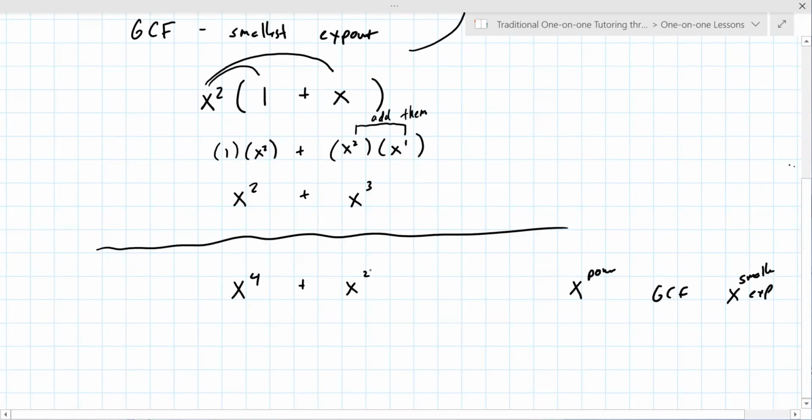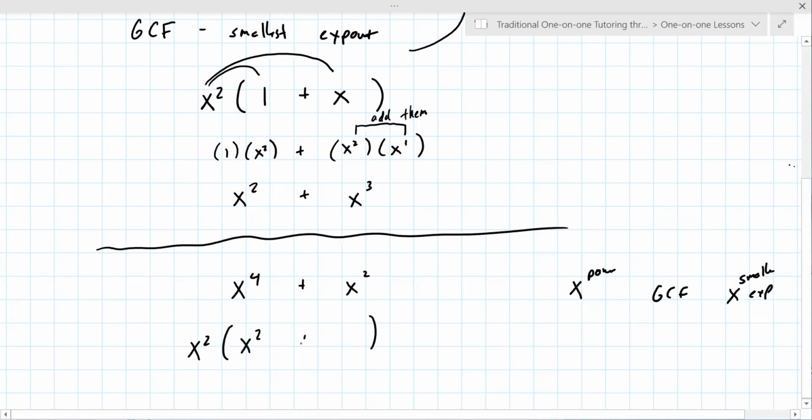In this case, which is the smaller exponent, x to the 4th or x squared? X squared. So you bring x squared out here, and you have to figure out what goes in here.